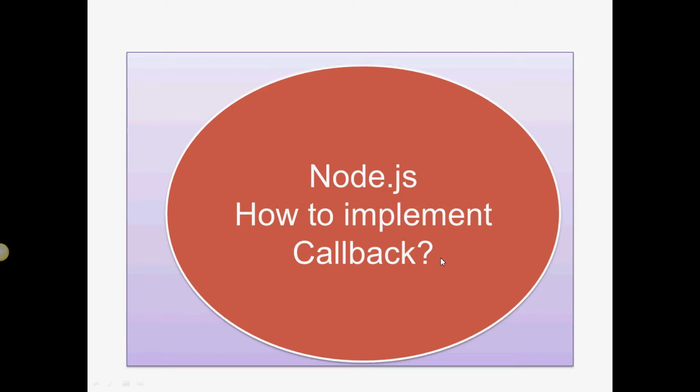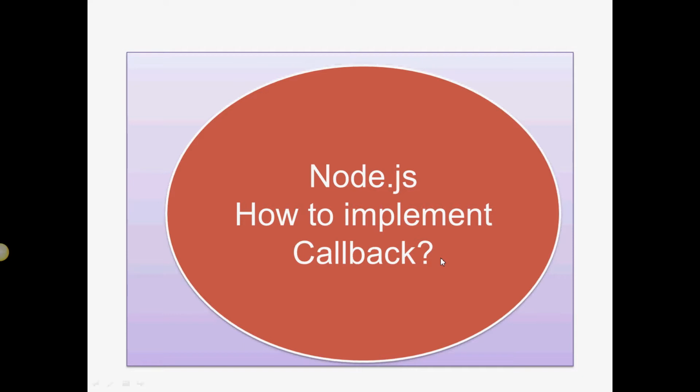So friends, let us discuss the callback. Asynchronous implementation in Node.js is done using callback. So what is a callback? A callback is basically a function. If we implement something asynchronously, we don't wait for that particular thing to be done and then move to the other statement.